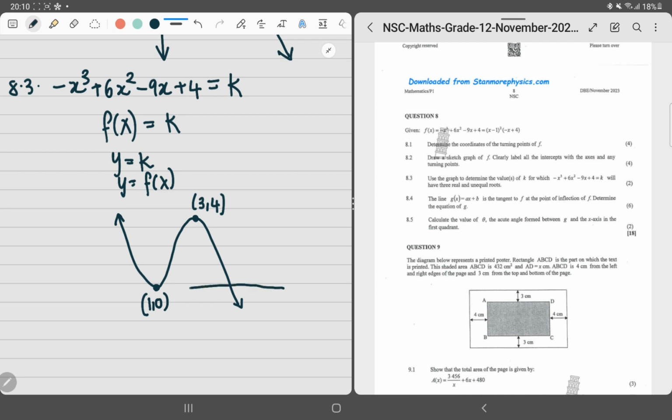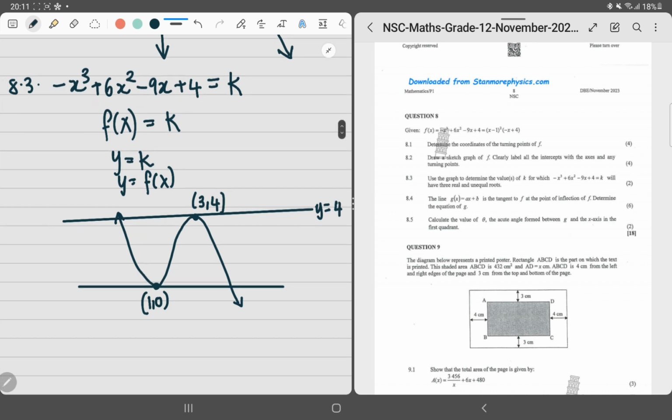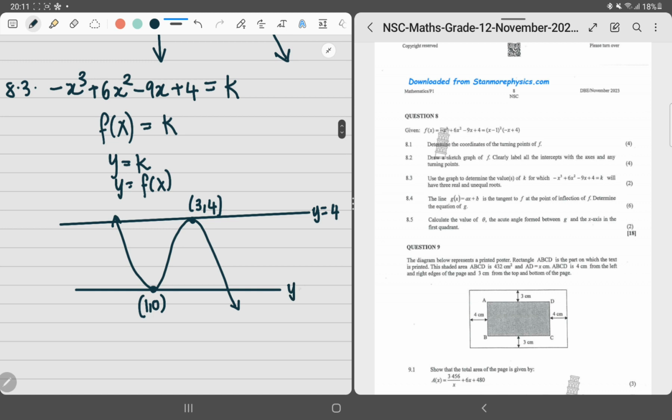And then you draw a horizontal line like that. So at this point, it lies on the line y is equal to 4, and the other one is on the line y is equal to 0.